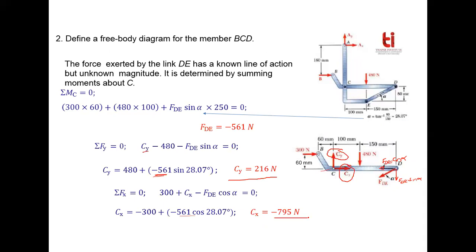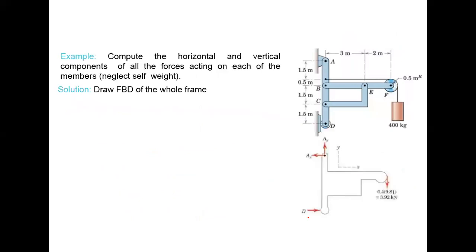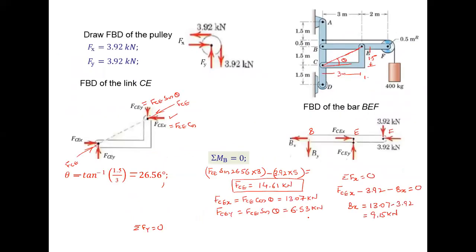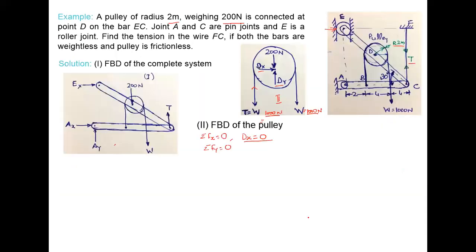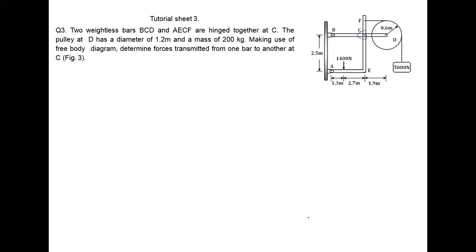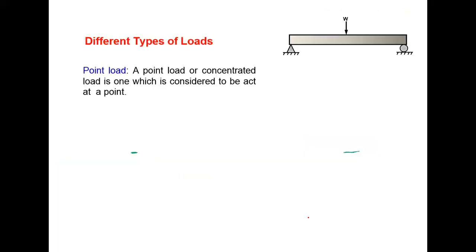So that's all for today's lecture, and in the next lecture we will solve some more problems from the equilibrium of rigid bodies topic. These are the problems that I will discuss in the next class. There are 3-4 questions, and then we will move to new concepts regarding loads.